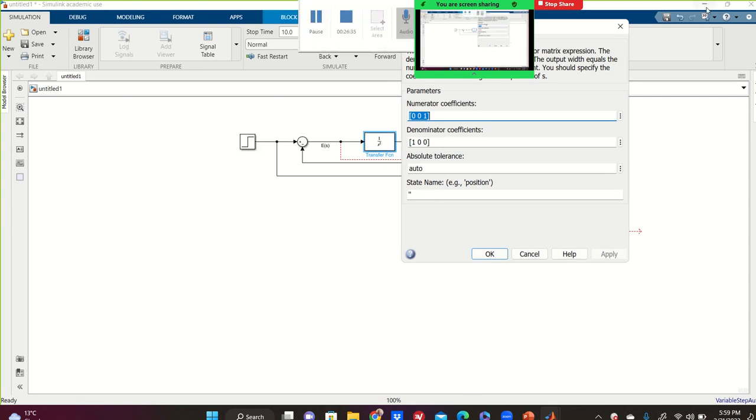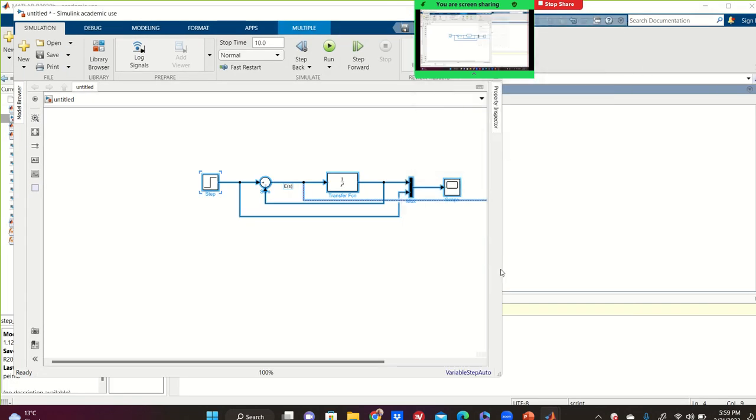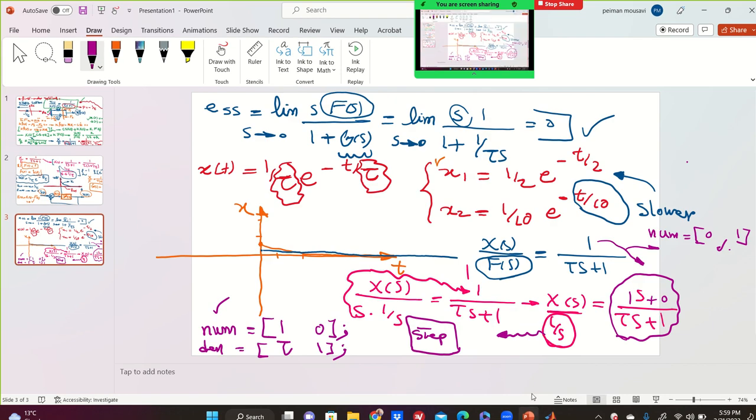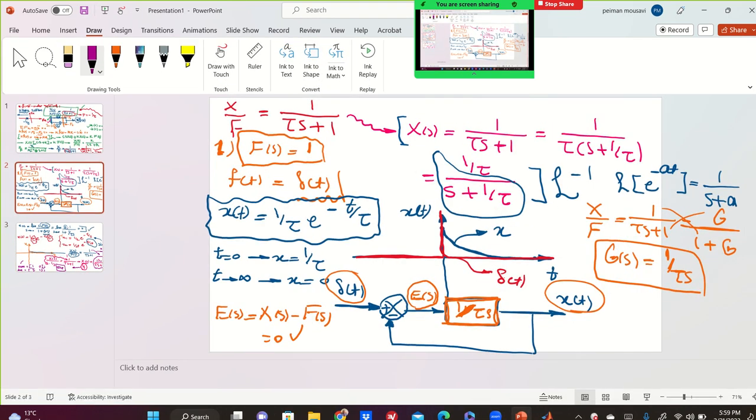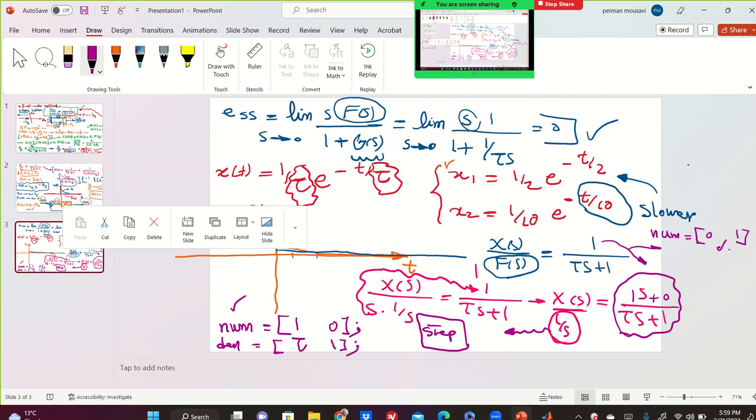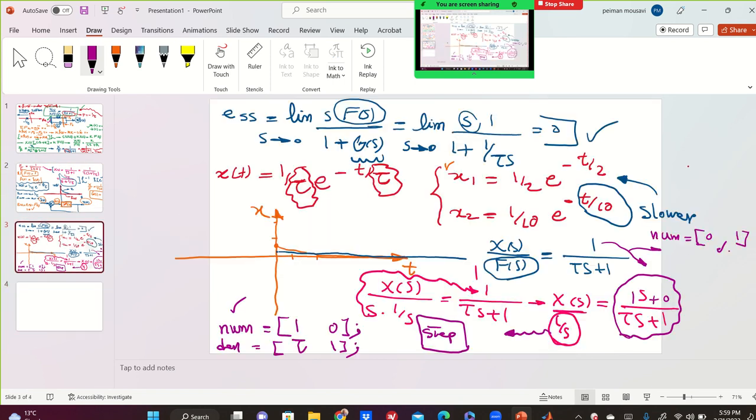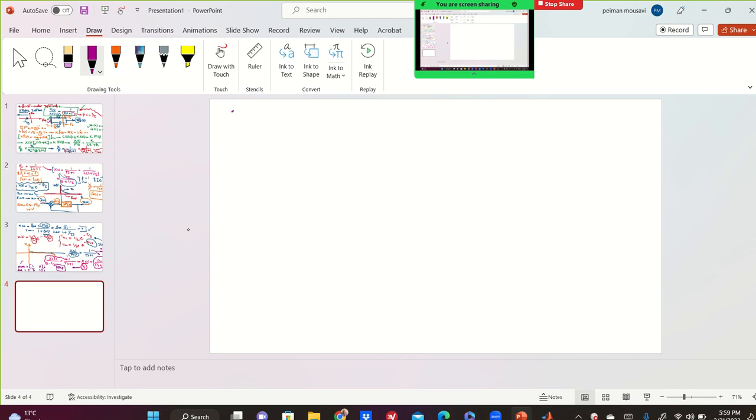Okay, guys, as we did in the previous class, let me first do it. Now our new transfer function, let me go back here because I'm teaching you the first order system generally. Your first order system X over F, for the impulse input, was 1 over s(tau s plus 1).